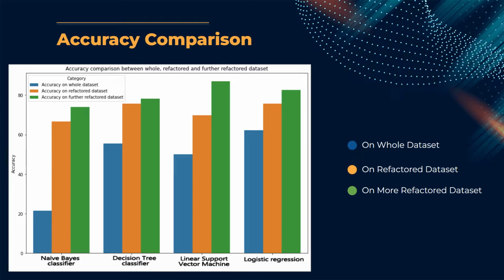So to get a clear idea, we reran all four classifiers using a more refactored dataset to determine if eliminating tags with fewer patterns yields a substantially higher precision. So now the accuracy for the naive-Bayes classifier is 73.91%, the decision tree classifier is 78.26%, linear support vector machine is 86.95%, the logistic regression is 82.6%.